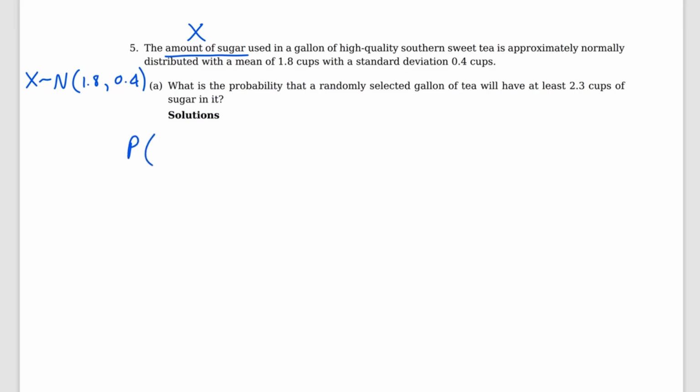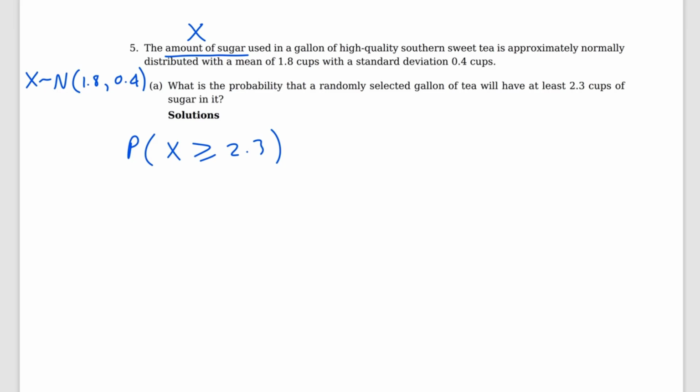So probability at least X. What does at least mean? Is it less than or greater than? At least, right? Greater than or equal to 2.3. At least 2.3 cups.